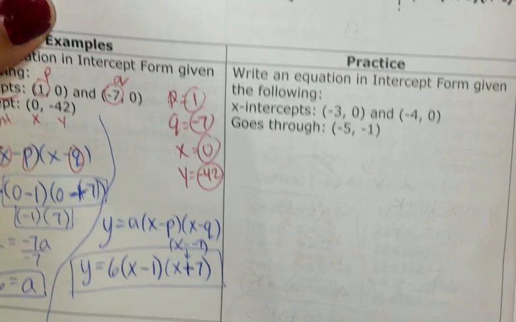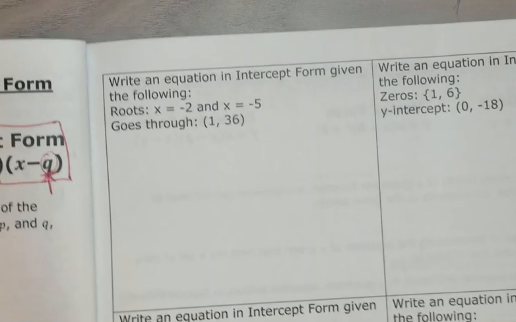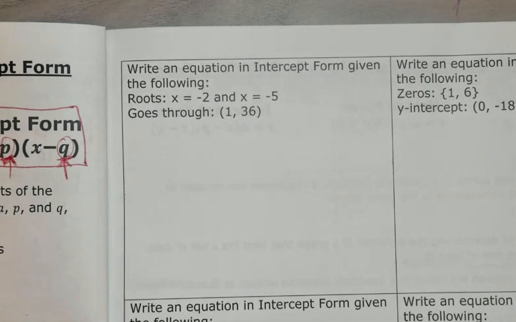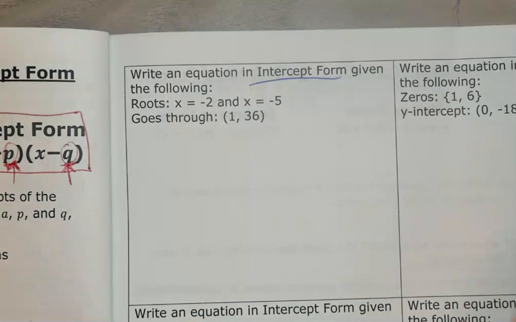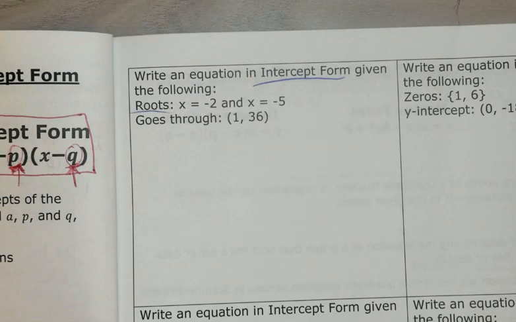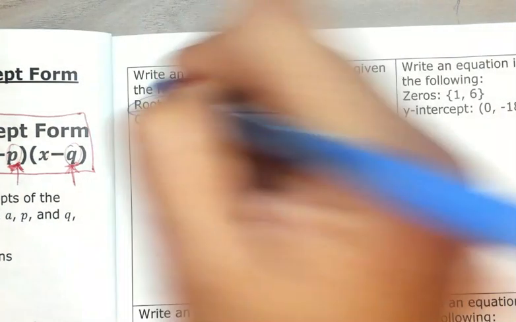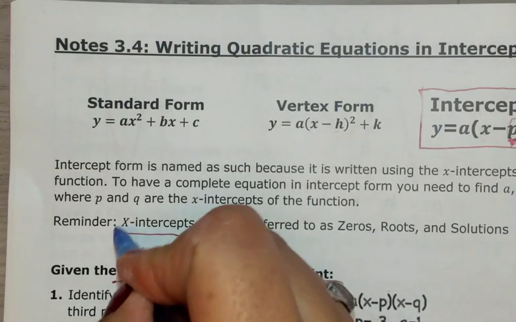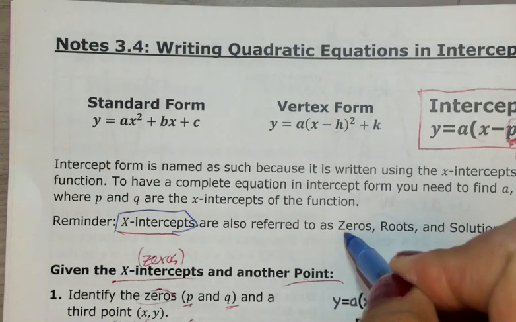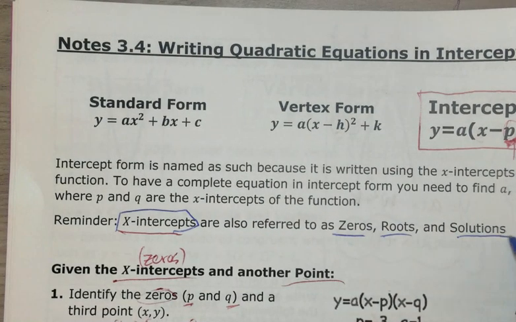All right, let's try another example. Here we have an equation in the intercept form given the roots. Roots is another word for x-intercepts. I believe right here in your notes it says that x-intercepts are also referred to as zeros, roots, and solutions.